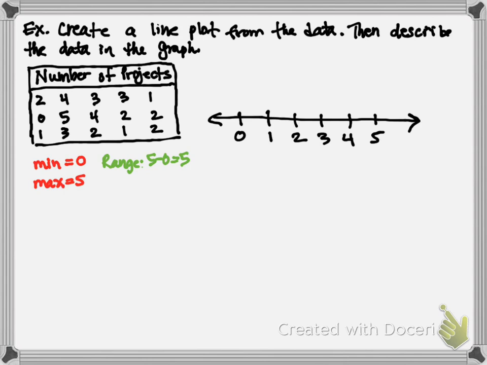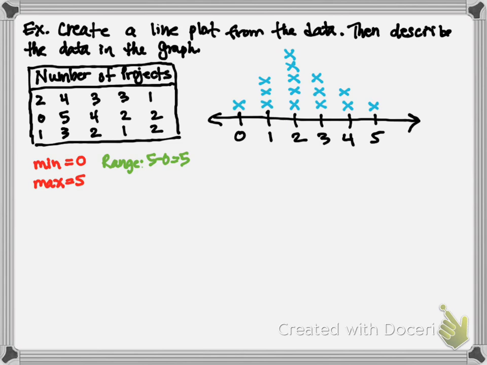So I'm going to go from top row down to the bottom row. There's a 2, a 4, a 3, a 3, a 1, a 0, a 5, a 4, a 2, a 2, a 1, a 3, a 2, a 1, a 2.